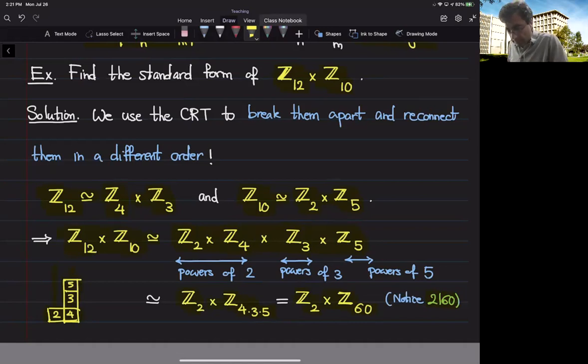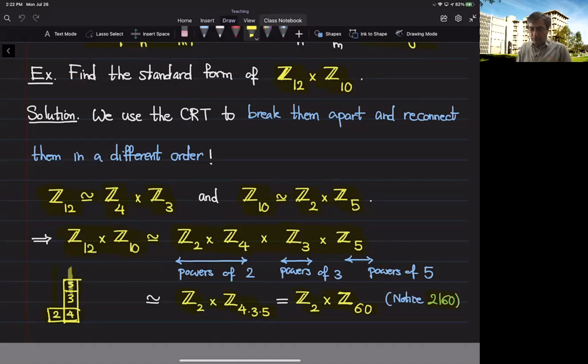So the algorithm again is that first we break them apart into powers of primes using the Chinese remainder theorem, and then regroup them in terms of powers of primes, and then ask ourselves what is the maximum number of factors that we have corresponding to different primes, and start building them up, stack them on top of each other, and then go through the columns.